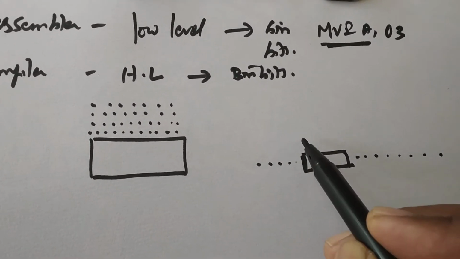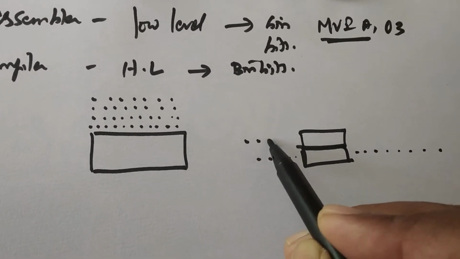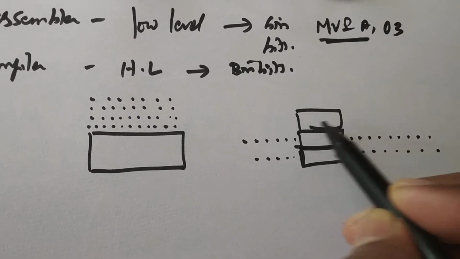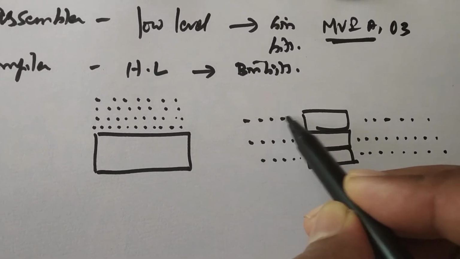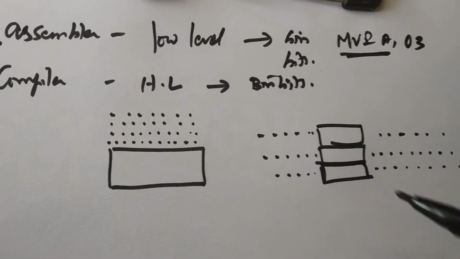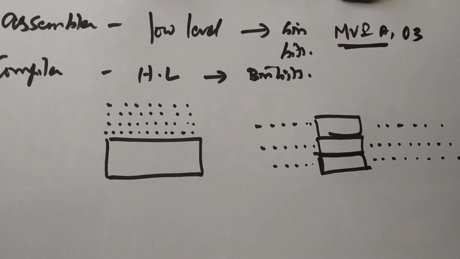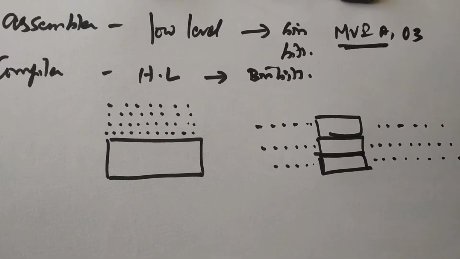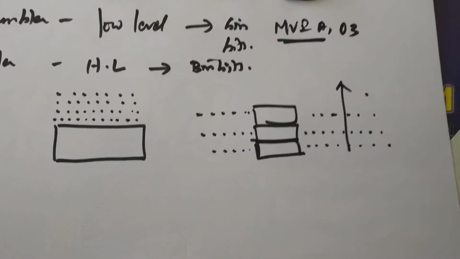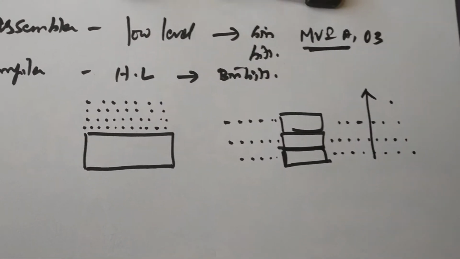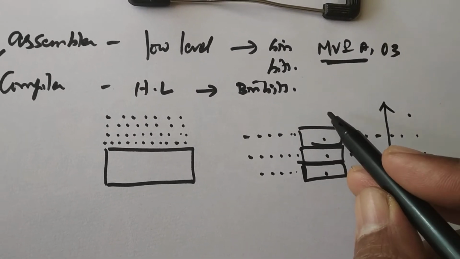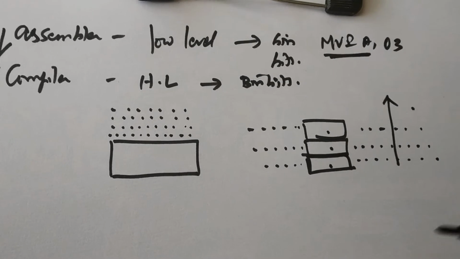Over this core stone I will put another brick, and this will go on as another row, and over that I will put another brick, and this will go as another row. You may remember. So I am putting bricks in a single line, and over that line I will place yet another line, and this will reach a specific height that has been required by the user. So this is the first stone, this is the second stone, this is the third stone, and this is the fourth stone, and we go on like this.